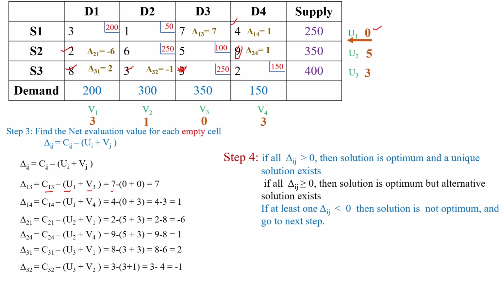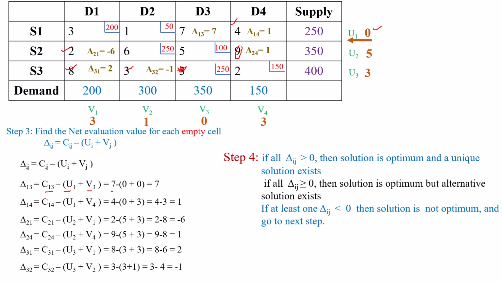So the next step is to observe the delta ij values. If all the delta ij values are positive, then the solution is optimum and a unique solution exists. If all the delta ij are greater than or equal to 0, with any delta ij value being positive as well as 0, then the solution is optimum, but an alternative solution exists.